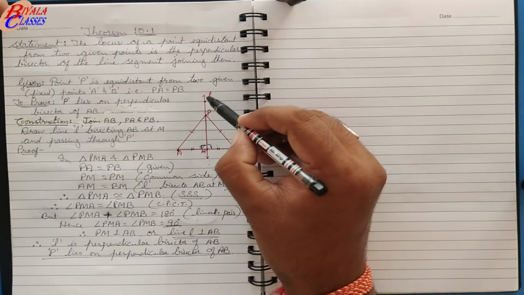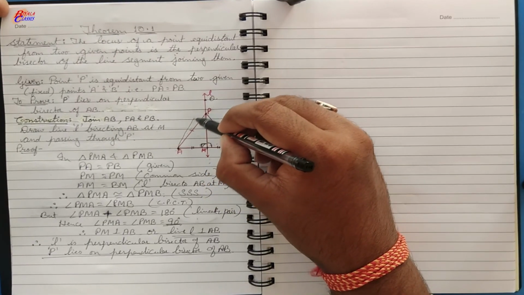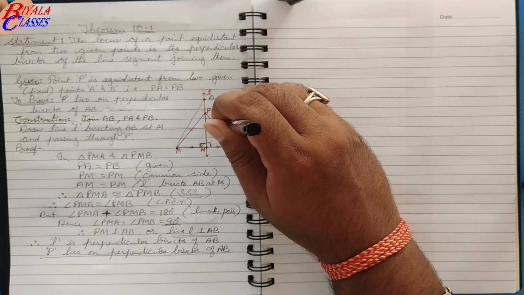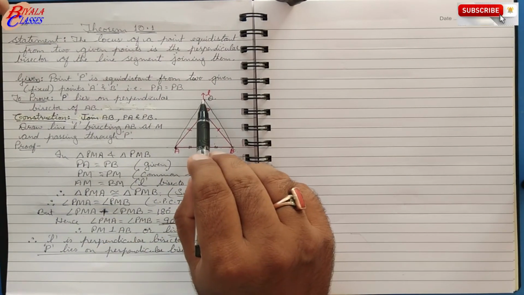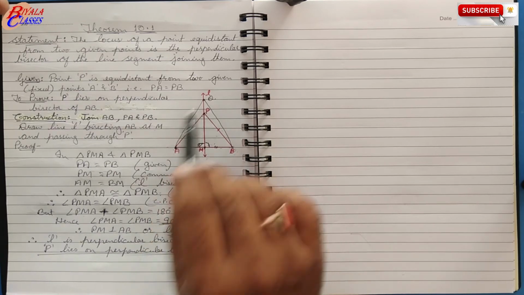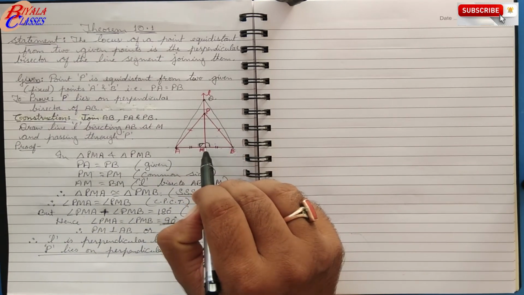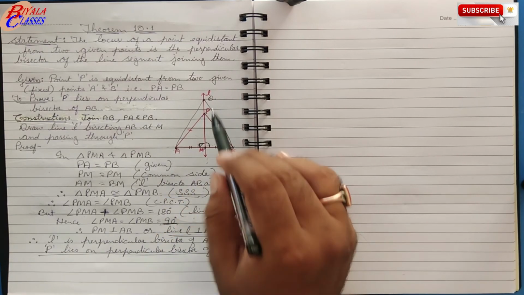Because as I told you, if you take a point Q such that it is again equidistant from A and B, so if you see here, even in these two triangles, again in the same way you can prove that QM is also perpendicular to AB. It is a perpendicular bisector.